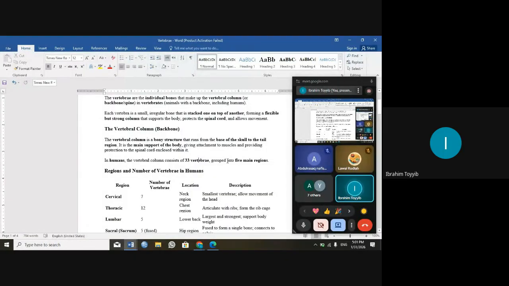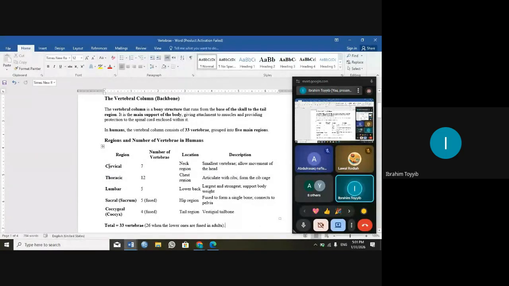They are grouped into 5. The first one is cervical vertebrae. The number of cervical vertebrae that we have is 7, and the location is the neck region. It's the smallest vertebrae that allows movement of the head.